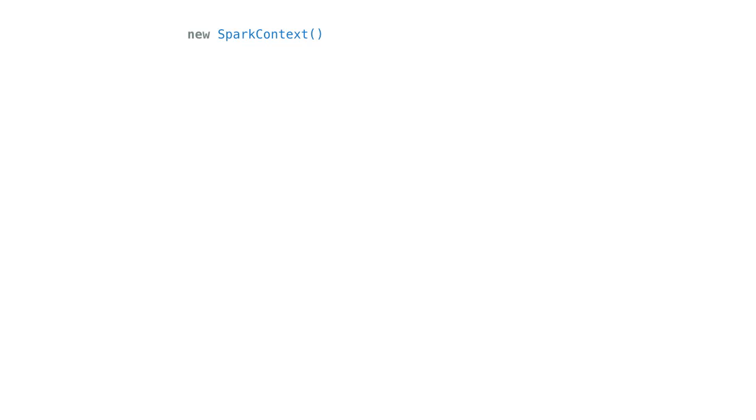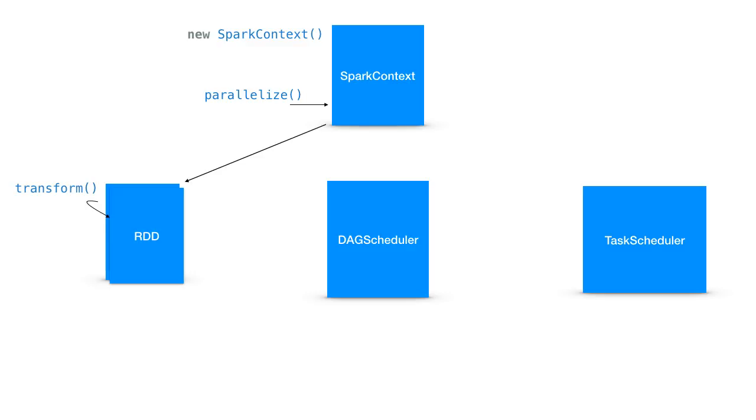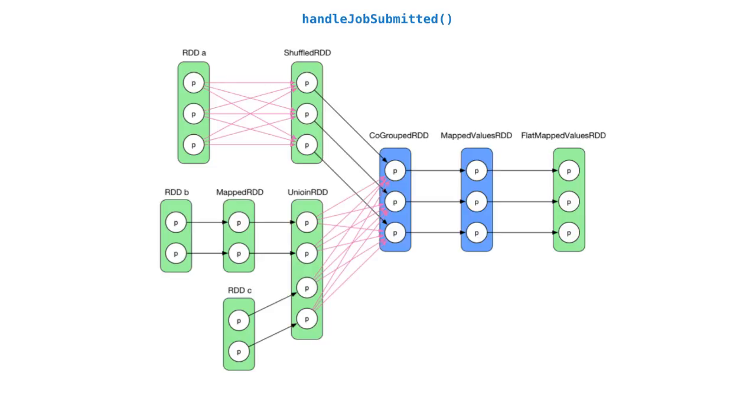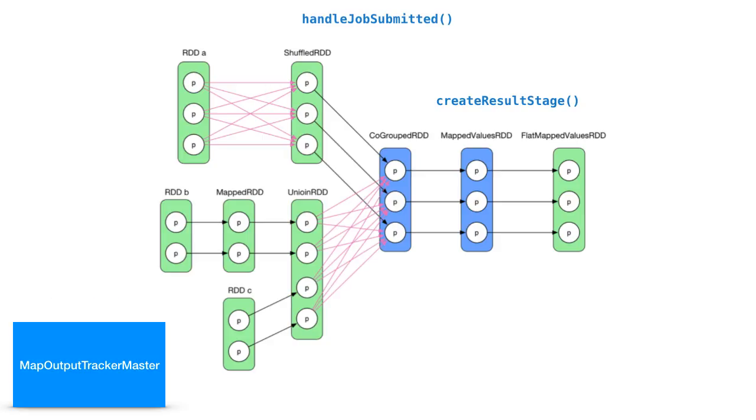So how does the transformation of the logical plan to the physical plan happen? That's where we really see that Spark is based on MapReduce. We are in the handle job submitted call, and we have that RDD, which is the logical plan. It looks like this; you probably know that picture. What the DAG scheduler does now is start from the back and create a new stage.